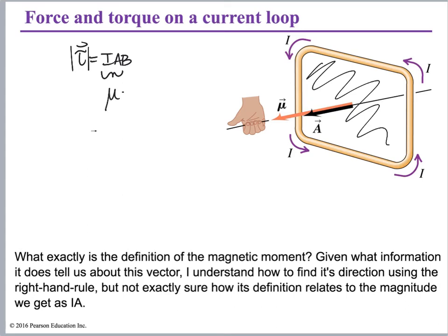We call this mu, which is the magnetic moment. It's simply a product of the current and the area vector.